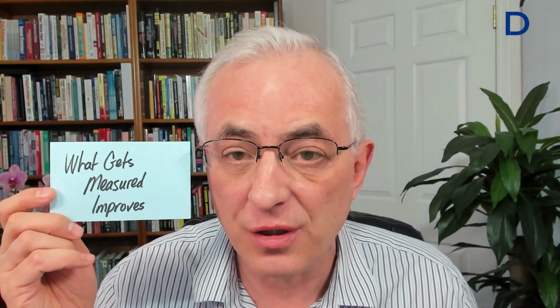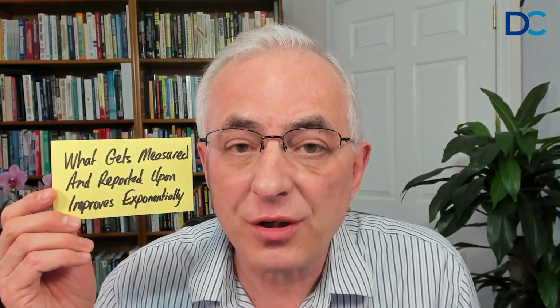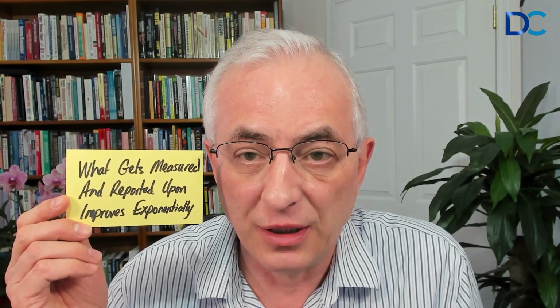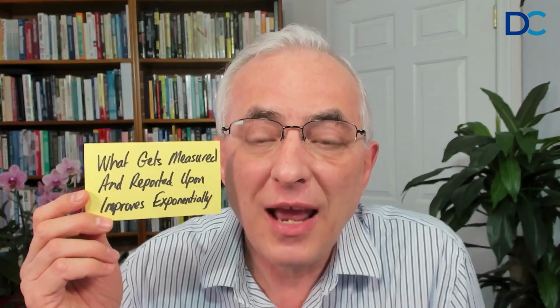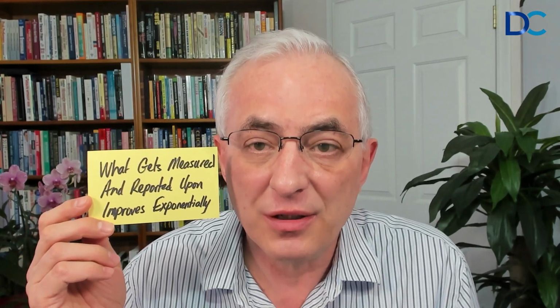Intentionally work on it and recognize that what gets measured improves. What gets measured and reported on improves exponentially. So you may want to take your mastermind group, your group of friends, somebody else, and report to them. Here's how I'm doing on my email open rates on a regular basis, just so that you are focusing on being intentional and working to improve them.